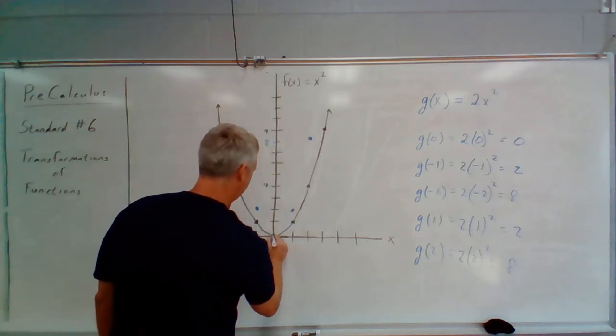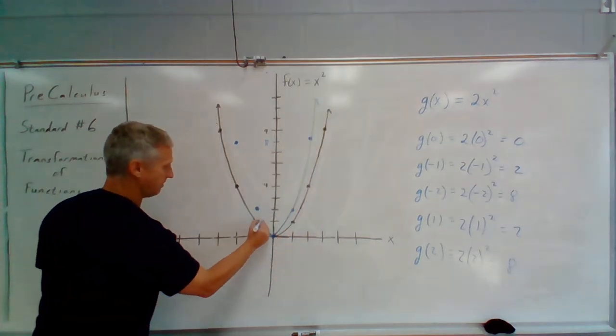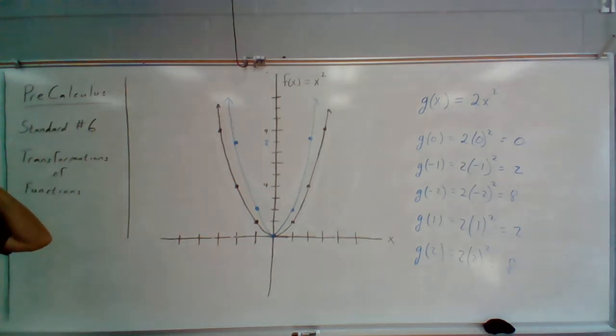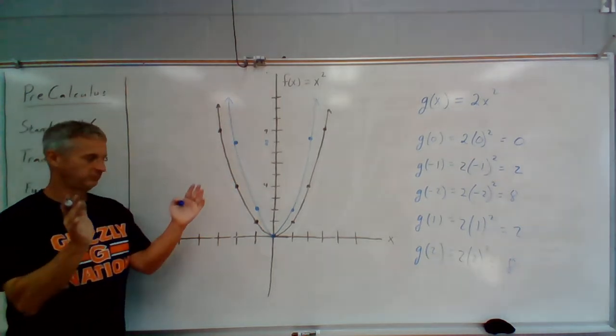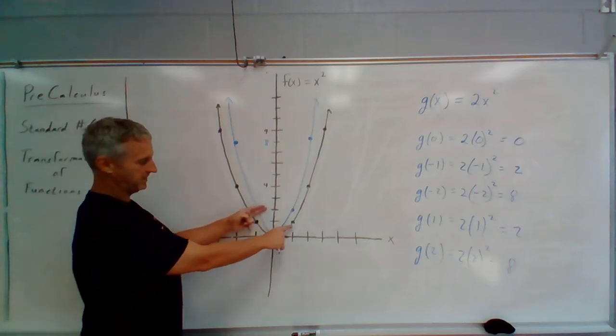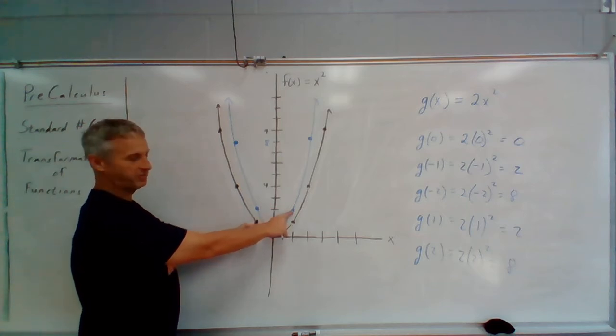So if we graph that, it looks like that. So it kind of made the graph skinnier and steeper. But the main thing to notice is that the y value of this original point got multiplied by 2, gave me a new value.